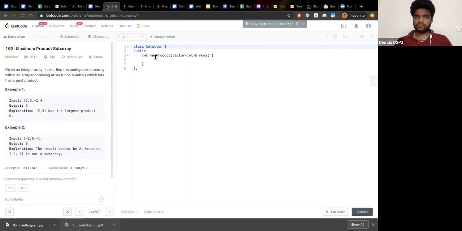So get a feeling for the subproblems also. I said that my actual problem is reducing to the task of finding for all the... so I will keep two arrays.